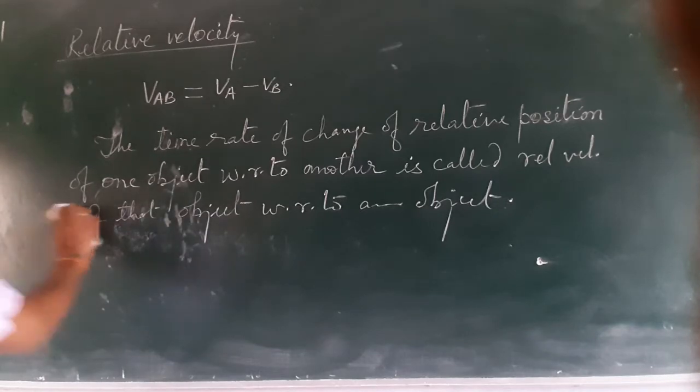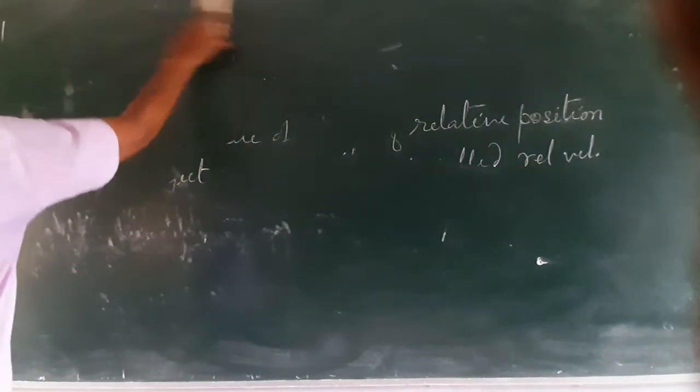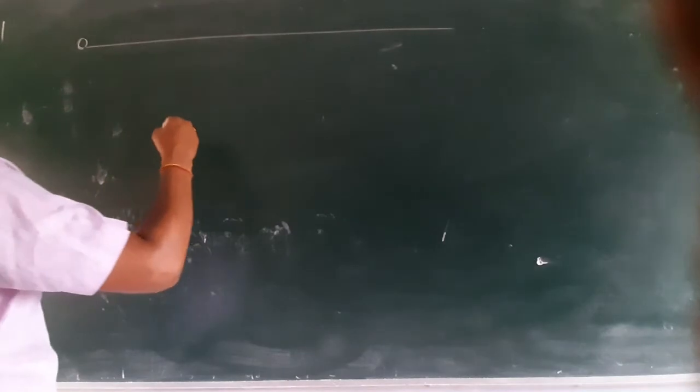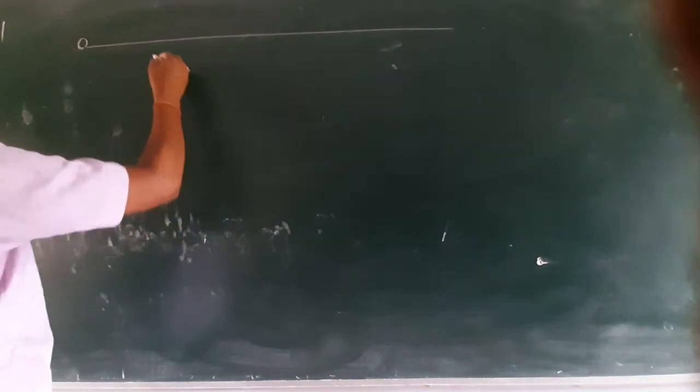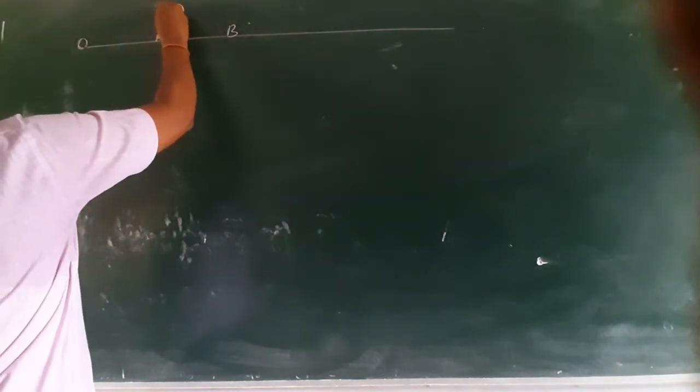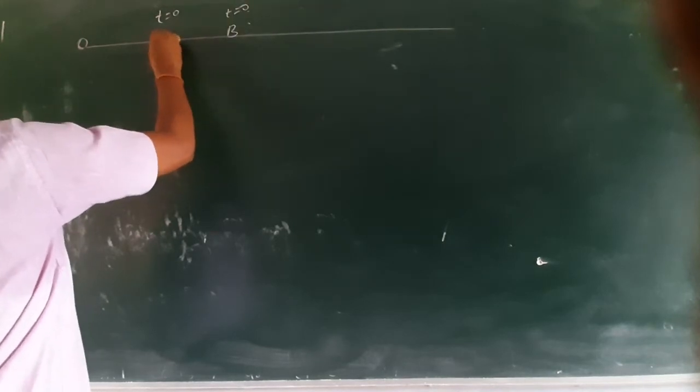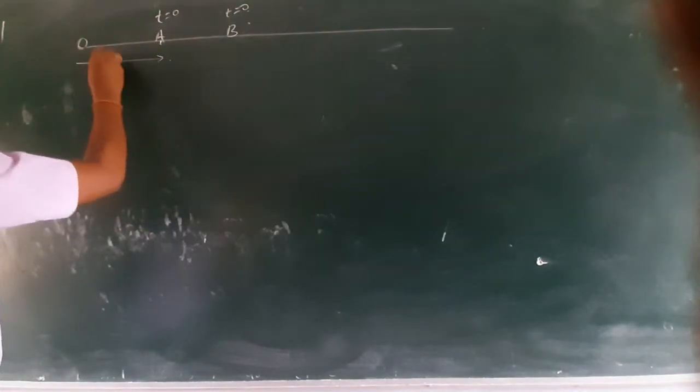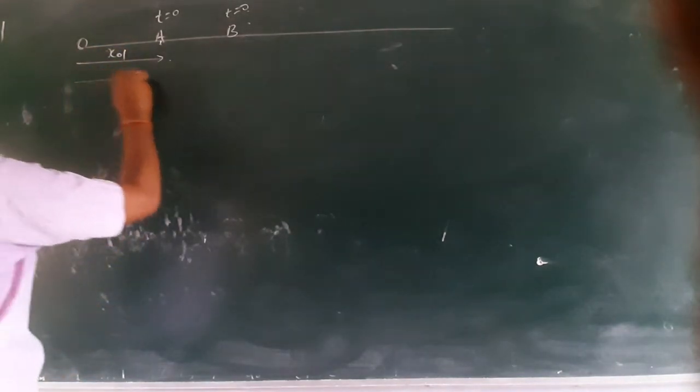Let us discuss the expression for relative velocity. I am supposing two objects A and B are moving with absolute velocities v1 and v2, starting from points A and B. This is the time 0, and at time t equal to 0 its initial position is x01 and its initial position is x02.